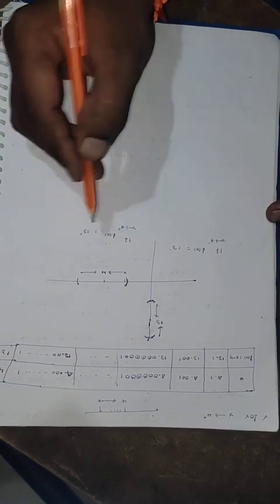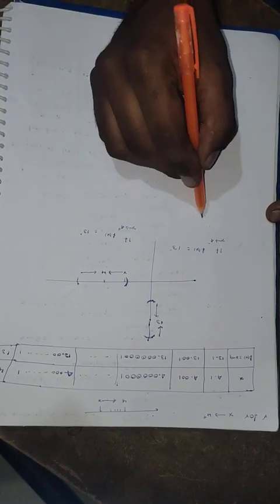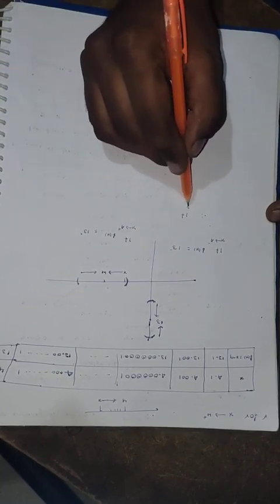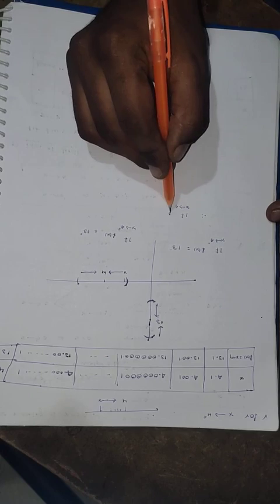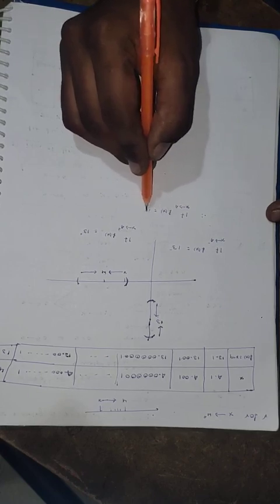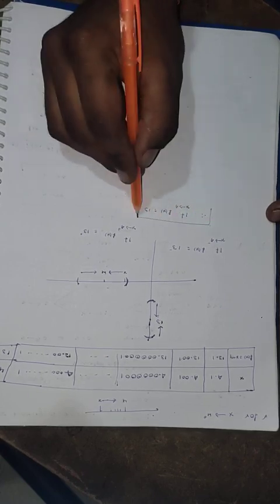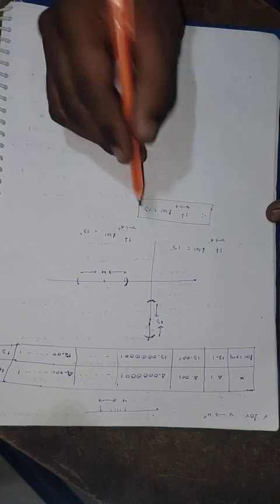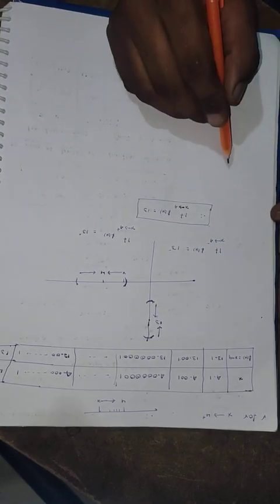So definitely at 4 the value is going to 13. Therefore we conclude that the limit as x tends to 4 of f of x is 13. So the functional limit is 13 at x is 4. When x is going to 4, the functional value becomes 13.